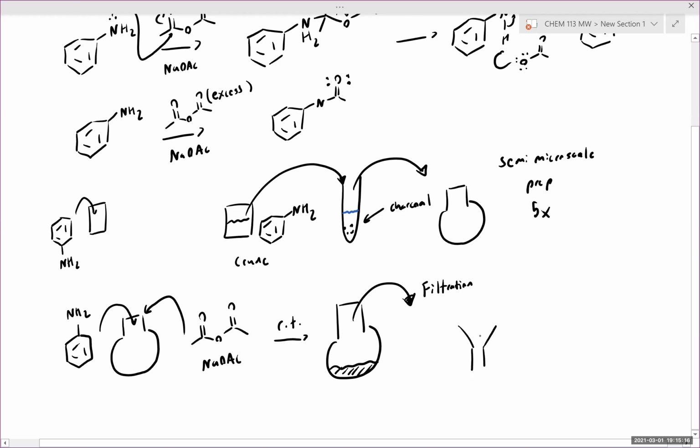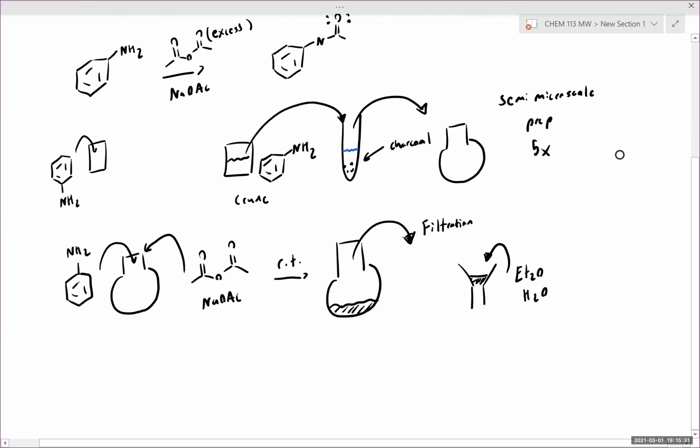Once we have isolated our solid, we will wash it with diethyl ether and water. From there, we will be able to obtain and weigh the mass of purified acetanilide product. This is a very robust reaction, a very fast reaction.